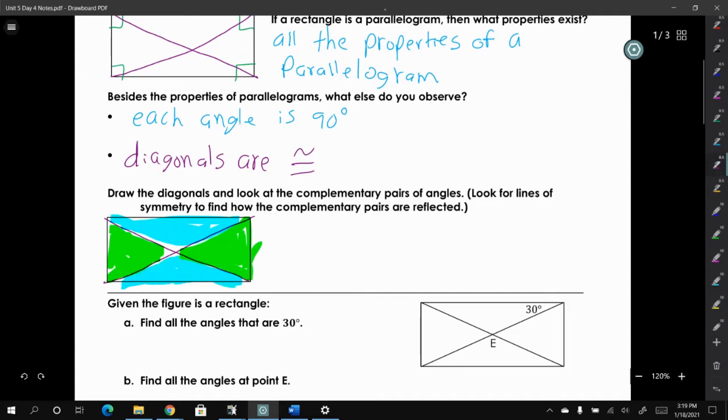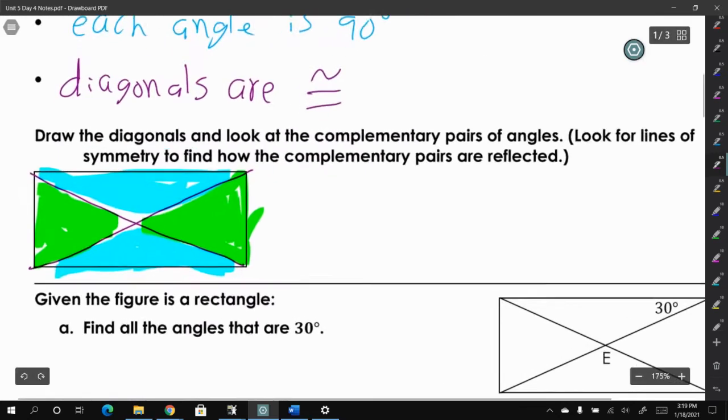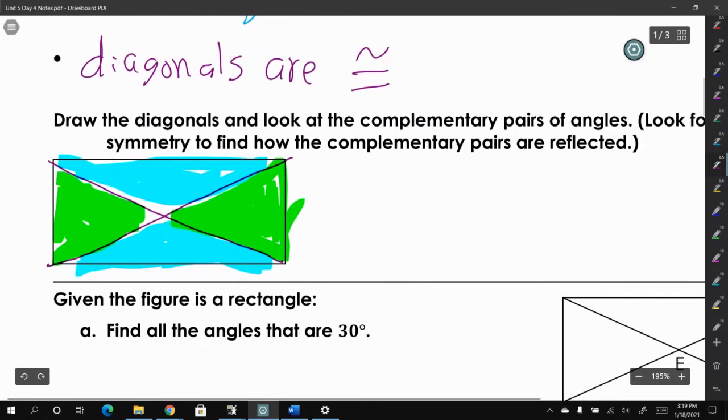So what that means is that these four angles are all congruent. And let's use a different color. And that these four angles are congruent. And if you take one of the pink angles and one of the purple angles, they will add up to 90 degrees.